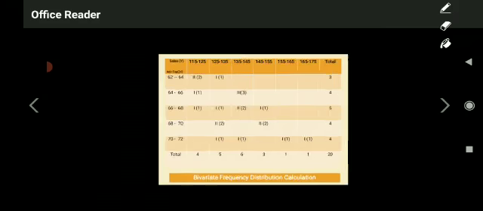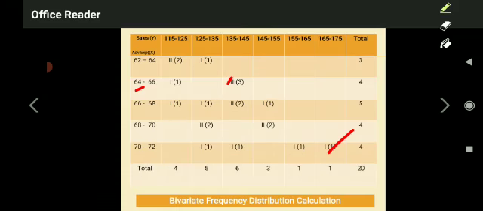One more value is there. These two values are again counted as 1.